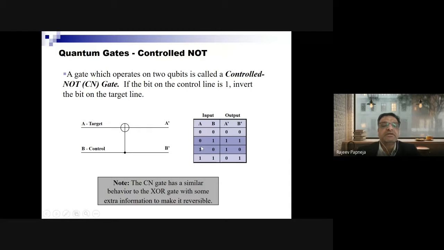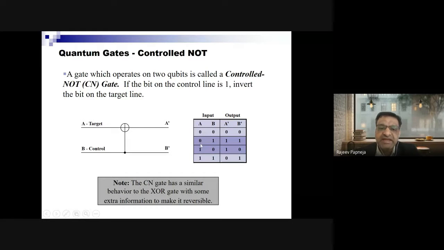Now, if the bit on the control line is 1, it inverts the bit on the target line from 0 to 1 or 1 to 0. So let's look at the input and output table on the right. If you see A is 0, B is 0, there's no change.